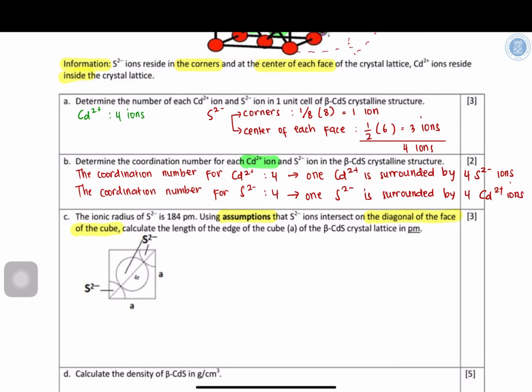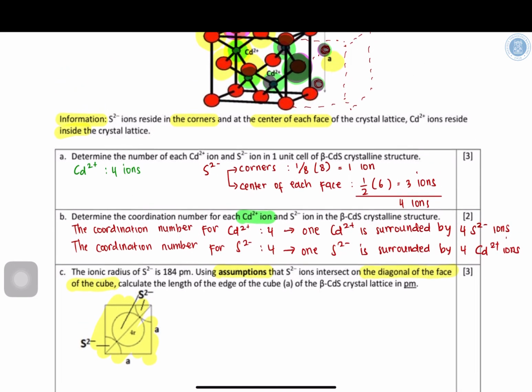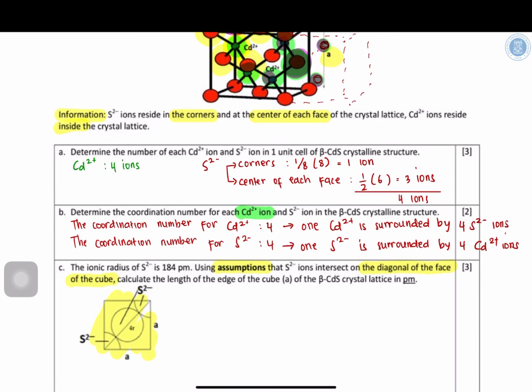So there's a schematic picture over here, which will help us. So what should we understand? The first information is that the S2 minus ions intersect on the diagonal of the face of the cube. Meaning that if we take one face of the cube, we know that the S2 minus resides in the corner of the cube, and also in the center of the face.